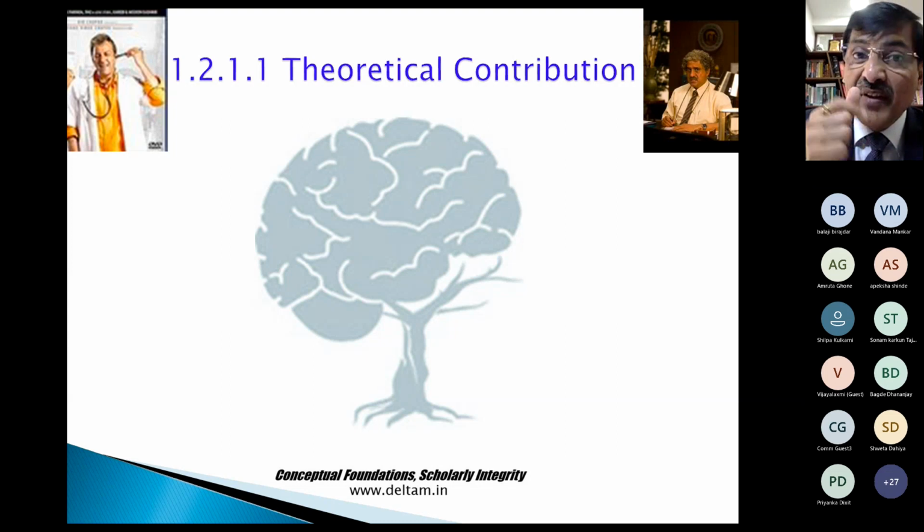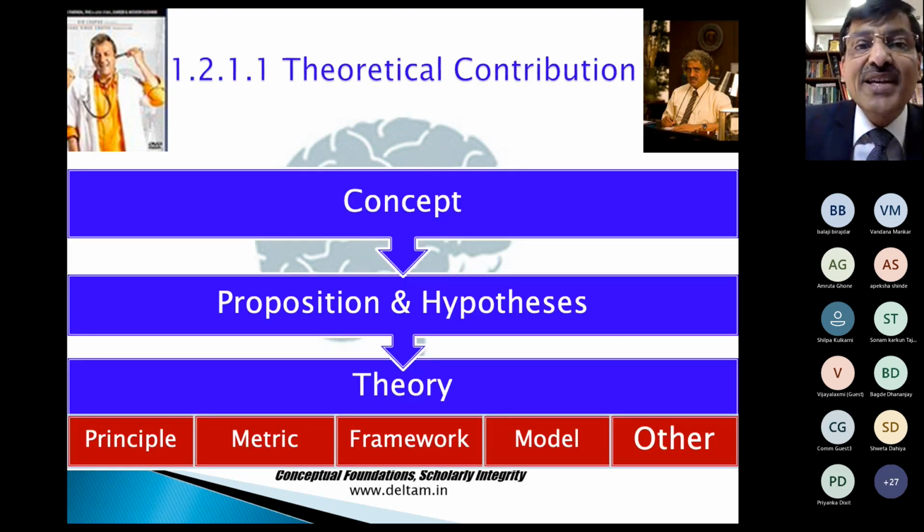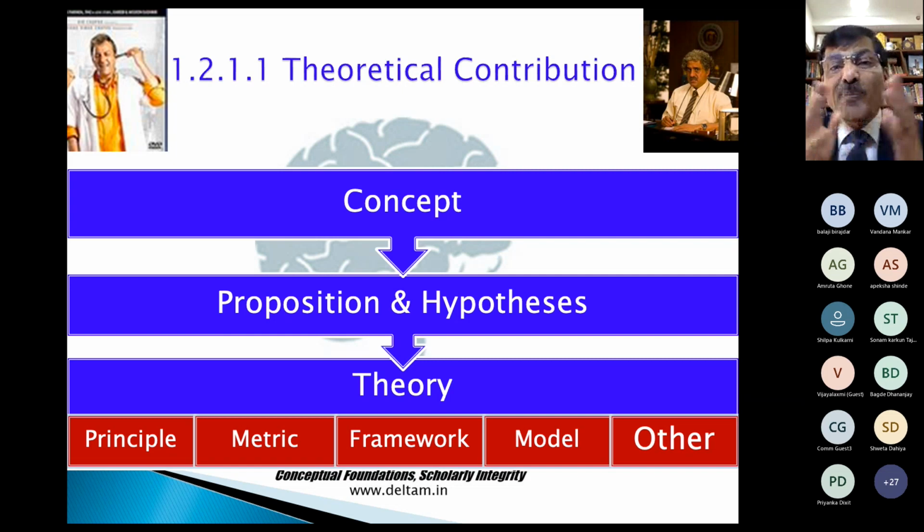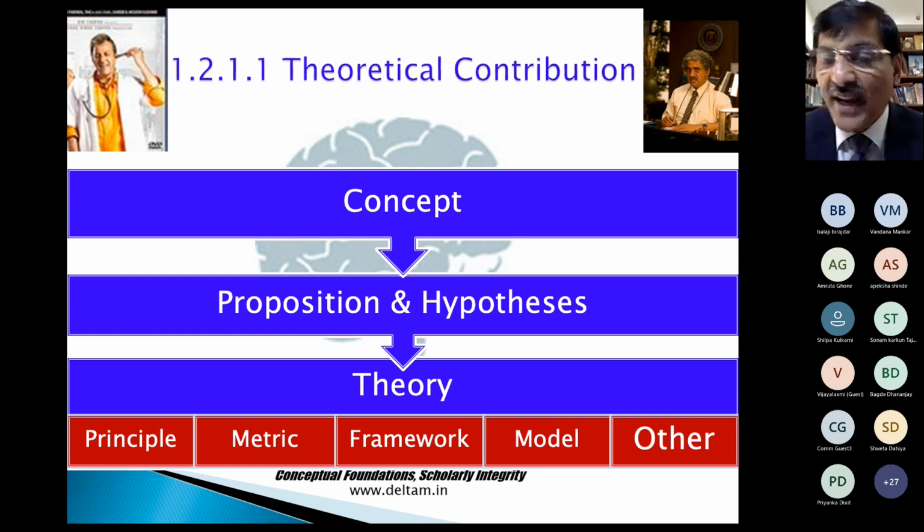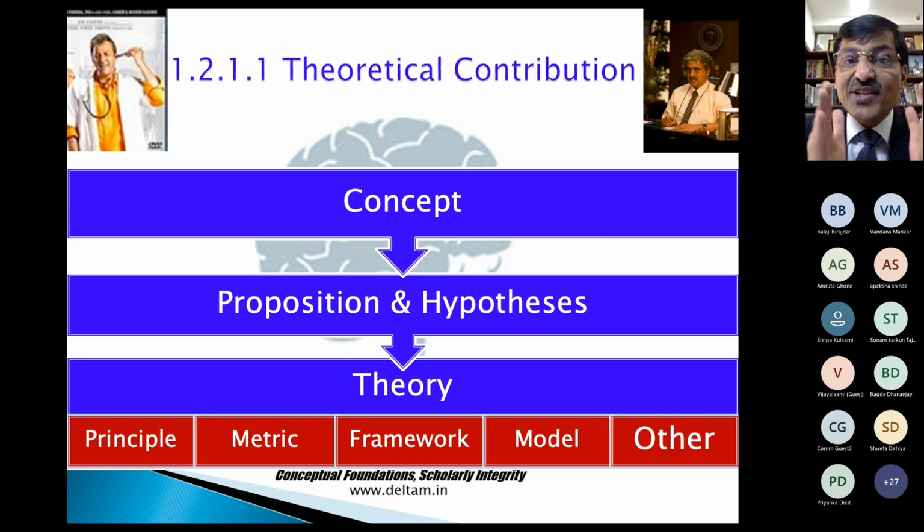Try to understand, theory is what? Theory is a system of explaining a phenomenon. It has various components. Theory has certain concepts. For example, market expansion strategy is an idea. Performance of the company is another idea. Market share is another idea. You may call these concepts.